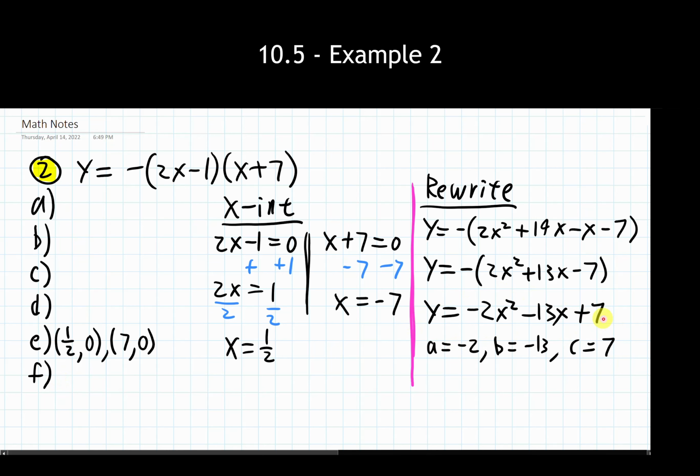These first two terms cancel out entirely, and I'm getting a y value of 7, which means my y-intercept is the point 0, 7. Great, we've got two of these things done right off the bat.